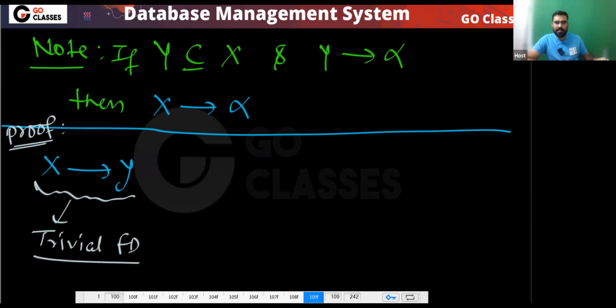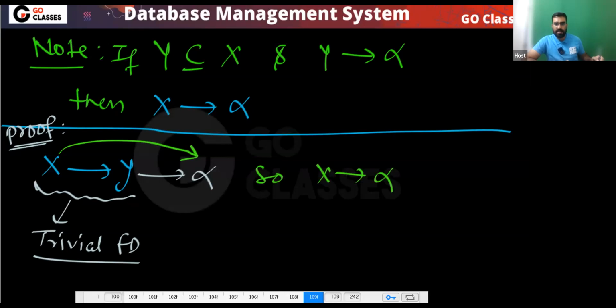Correct. Because y is a subset of x, x is a superset of y, so this is a trivial FD, and y can determine alpha. This is given. So x can determine alpha.